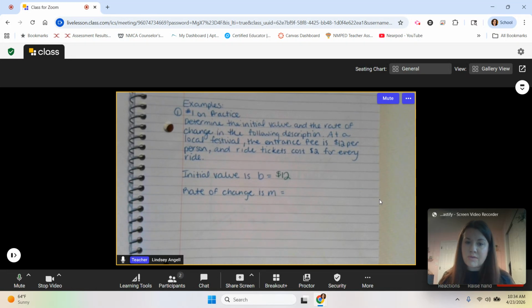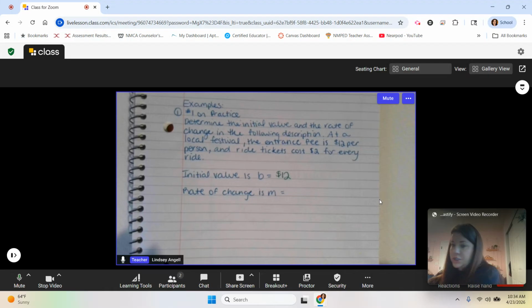That's your initial value because even when you've ridden 0 rides, you still owe $12 just to get in. That's the initial cost to get into the festival. If you didn't ride a single ride, that's how much you'd pay.